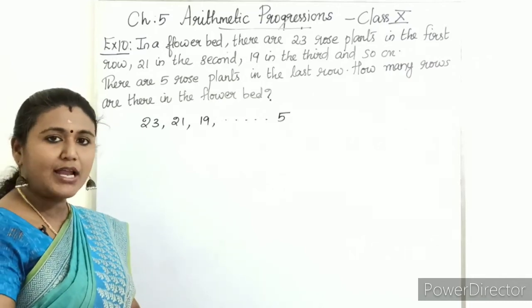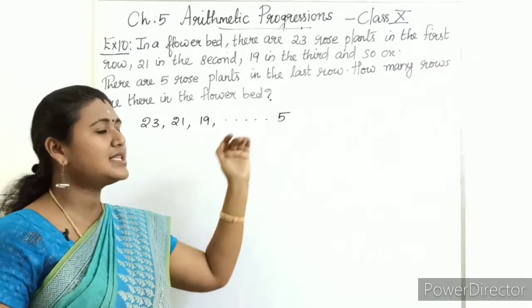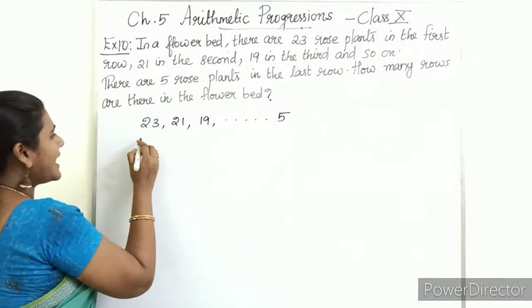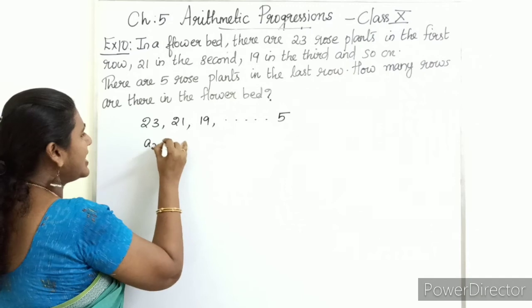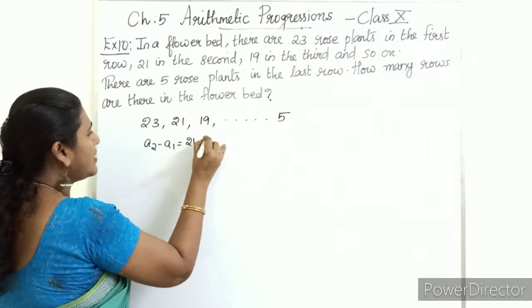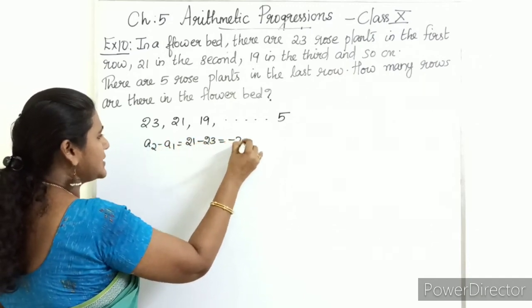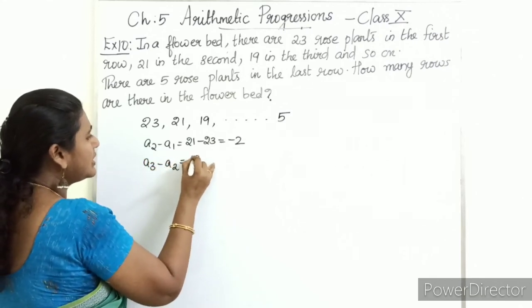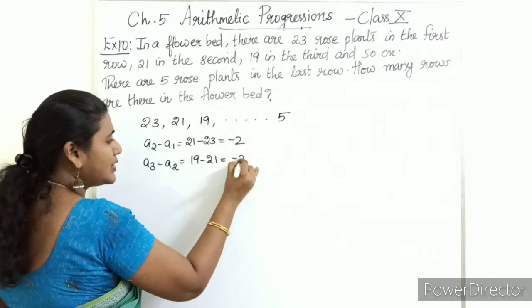So we have to find out the value of n. Before finding the value of n, first we will check whether these numbers are in AP or not. A2 minus A1 is 21 minus 23 equal to minus 2. Now A3 minus A2 is equal to 19 minus 21 is equal to minus 2.